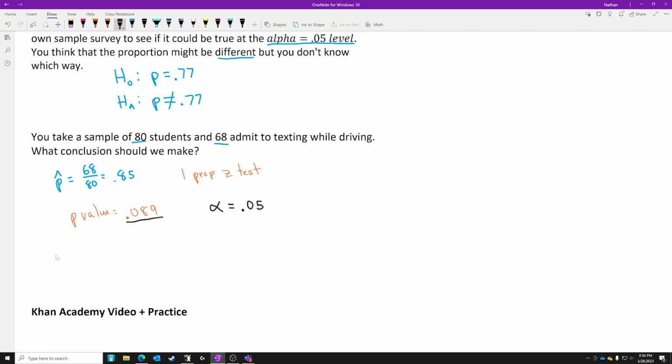So with a p-value of 0.089, which is greater than alpha, our p-value is too big. It was bigger than our boundary line. We fail to reject the null.